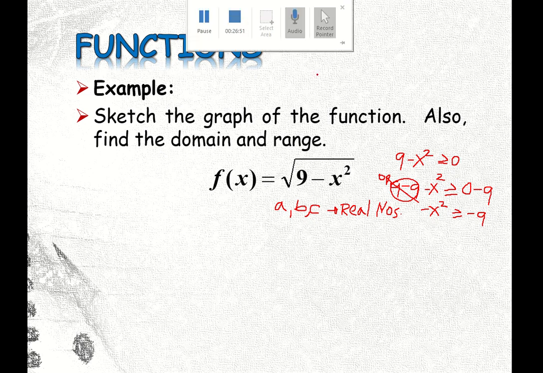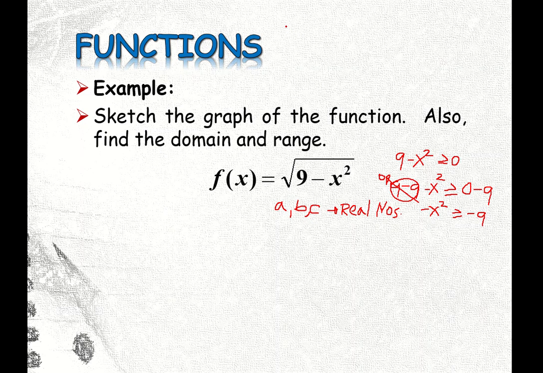Assuming that this is our number line, negative infinity, positive infinity here, assuming this is our 0, this is our 1, 2, and so on.